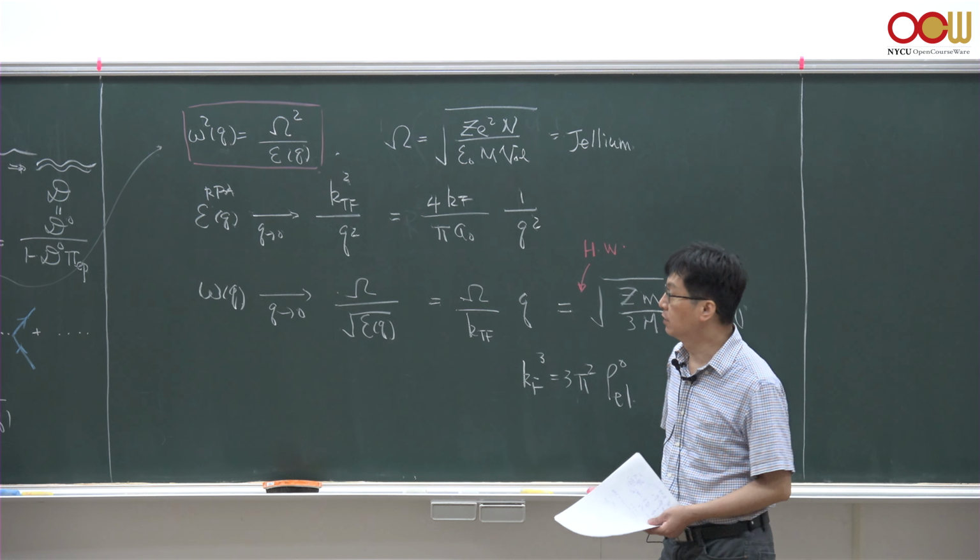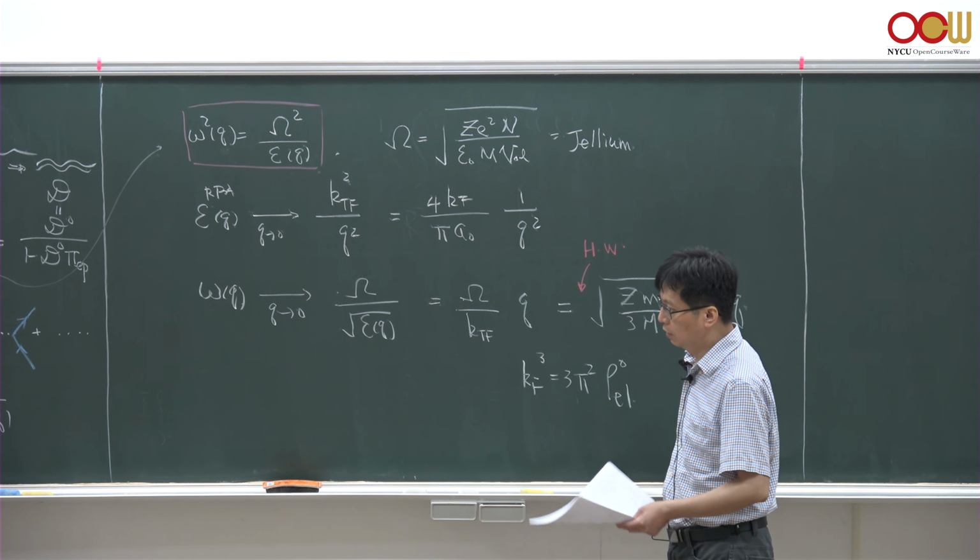But we are interested in the low energy, long wavelength limit of this phonon frequency, which plays an important role at low temperatures. So we could just take advantage of the RPA that we studied already in the Thomas-Fermi part, where we take this long wavelength q goes to 0 limit and this epsilon RPA in the static and long wavelength limit.